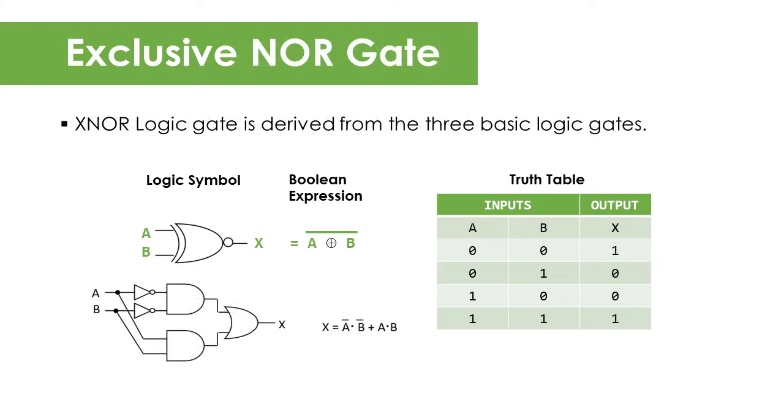However, the exclusive NOR gate has an equivalent combinational circuit of this, which produces a Boolean expression of A bar dot B bar plus A dot B. I will not be elaborating on these gates as well.